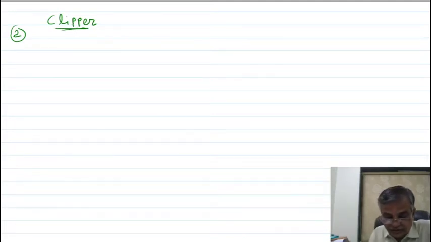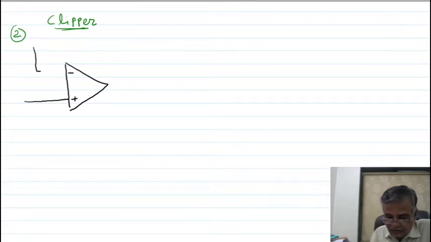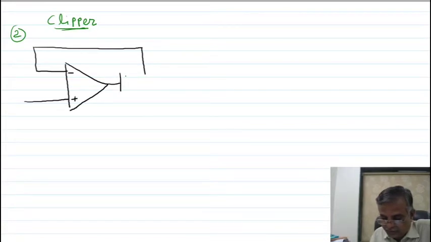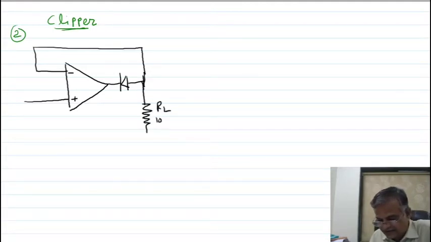See, I am showing the circuit diagram of the positive clipper. This is the op-amp. Here you are connecting the PN junction diode to develop the voltage. Say RL is connected, that is your choice.